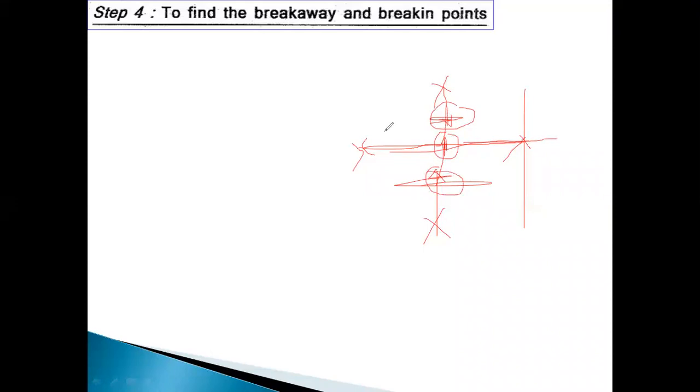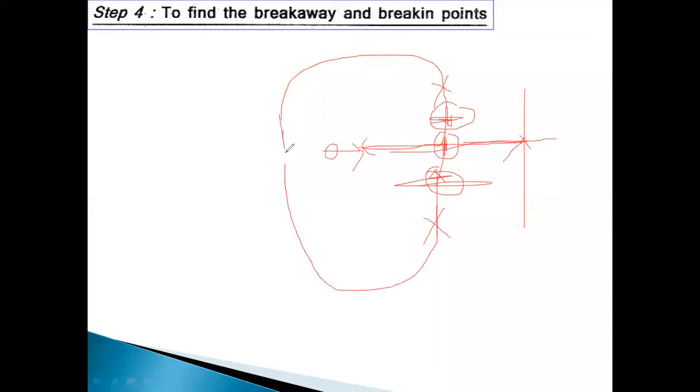Again, in some cases the root locus branch travels and comes in this direction and touches another at some other point. That is called the break-in point. Here the root locus branch is moving away from this point, that is called the breakaway point, the intersecting point.